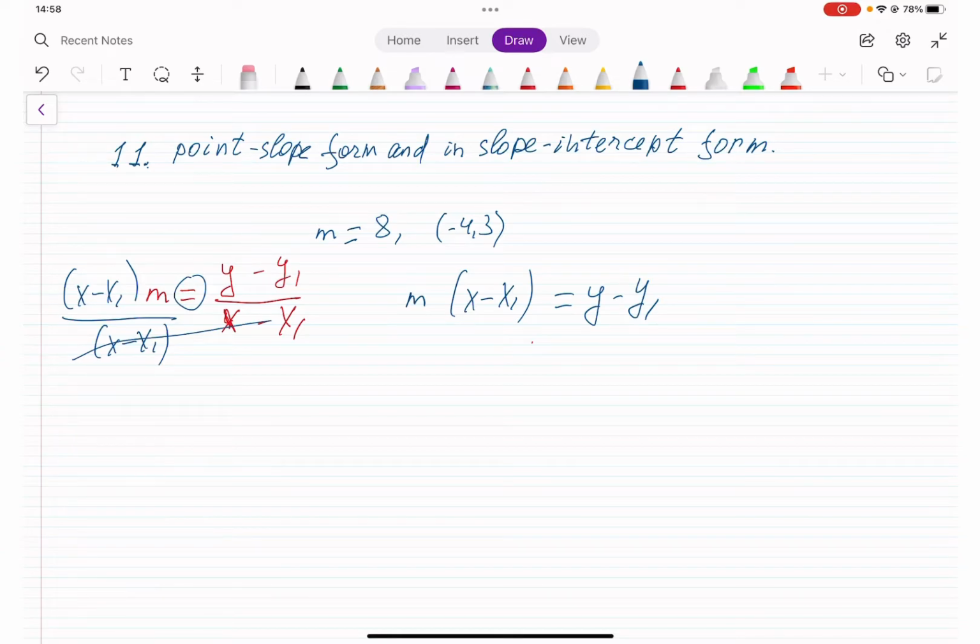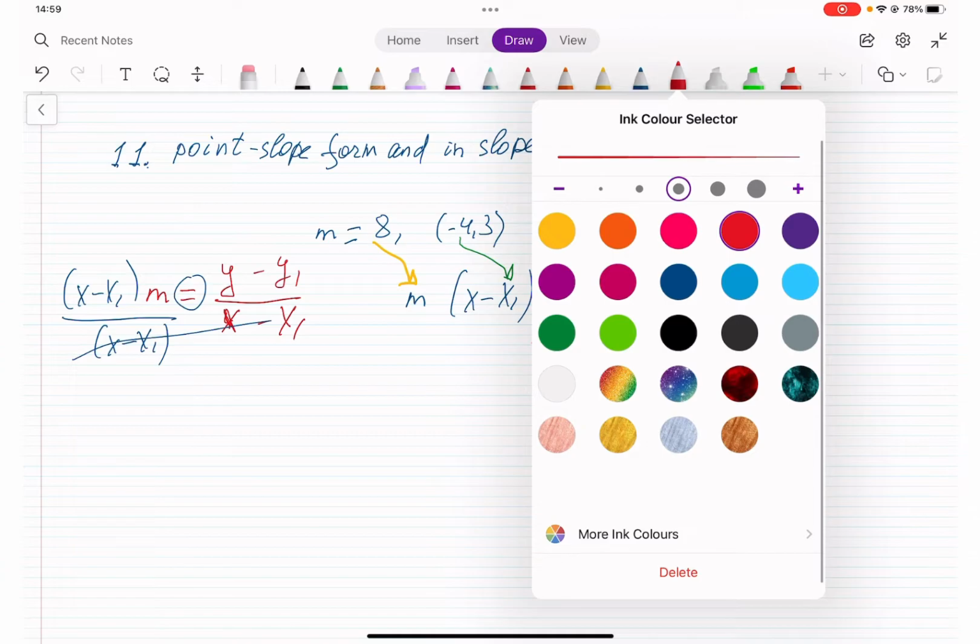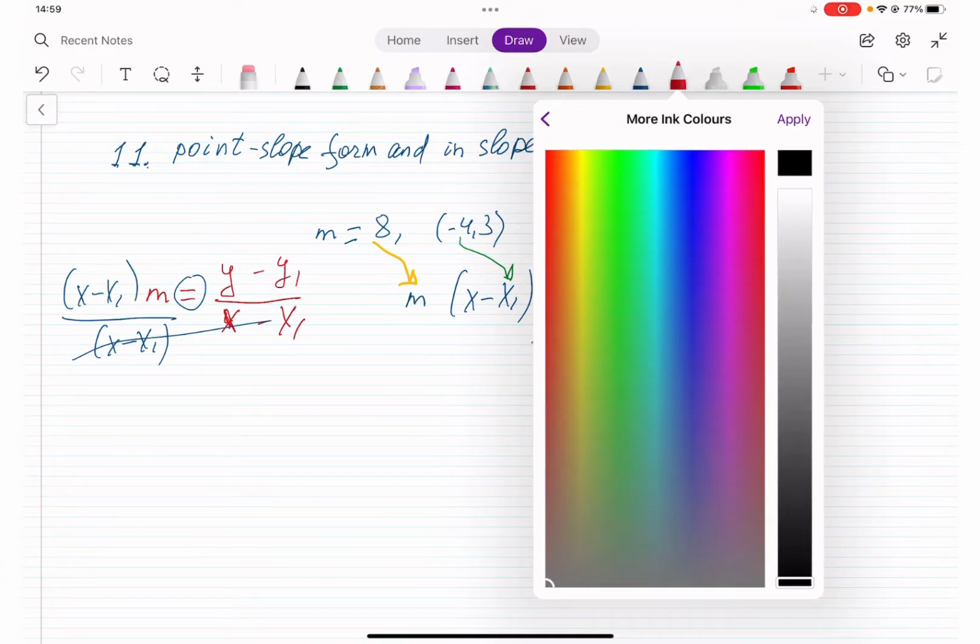Let's plug in the numbers. So 8 is coming here, and then -4, that value of x, comes here. Let me change the color. I want to pick violet color. Okay, let's take this one.